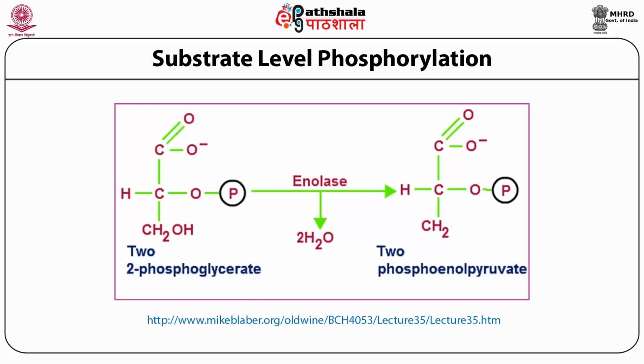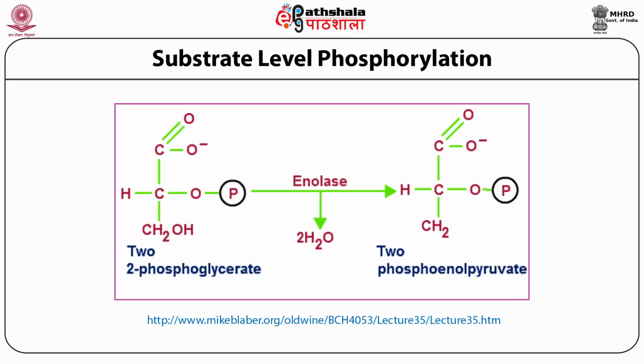In substrate level phosphorylation, ATP is formed from ADP by transfer of a high energy phosphate group from an intermediate of a fueling pathway.